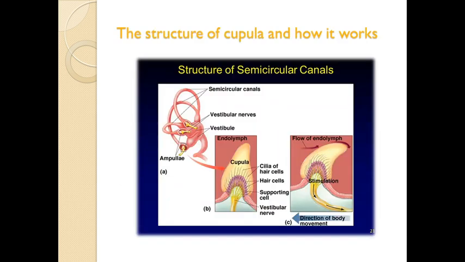Then if we just look at the structure of cupula in ampullae and how it works, this is how it works. Now when we consider the three semicircular canals, we said that the three semicircular canals are arranged perpendicular to one another in three spatial planes. There is a particular reason for that.